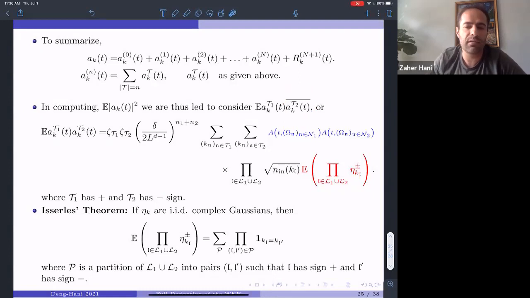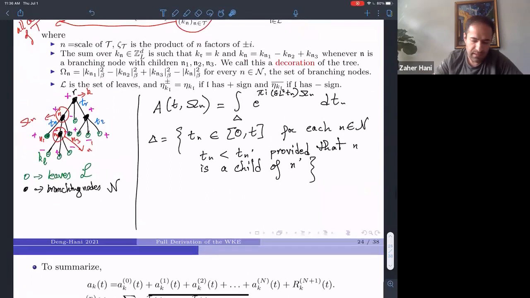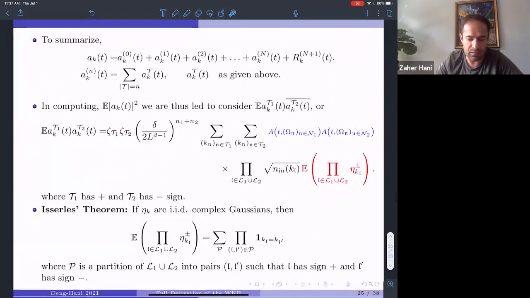It turns out that there's a symmetry: if you switch the sign of T2, which means that I start with a minus sign instead of a plus, then this corresponds to taking conjugates. So in effect, what we will be analyzing is the expected value of a_k of T1 times a_k of T2, where T1 and T2 are two trees with opposite signs. This is because we start with a_k of T1 times a_k of T2 bar.